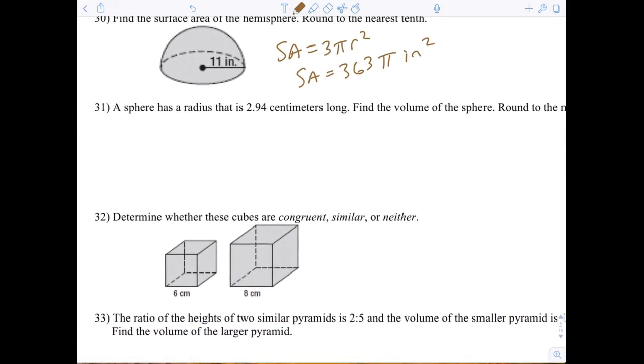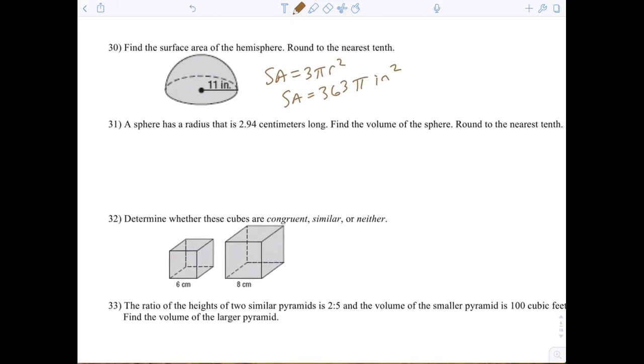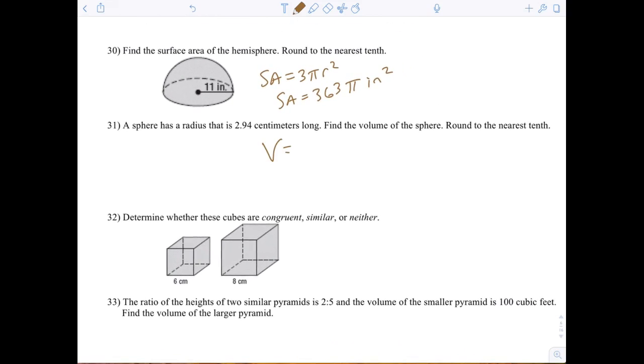A sphere has a radius of 2.9. Find the volume. Right here we're going 4/3 pi r cubed. Now the reason why you know it's cubed this time is because volume is 3 dimensions. In this one there's all kinds of decimals, so just give me the decimal answer. 4 divided by 3 times pi times 2.94 cubed.